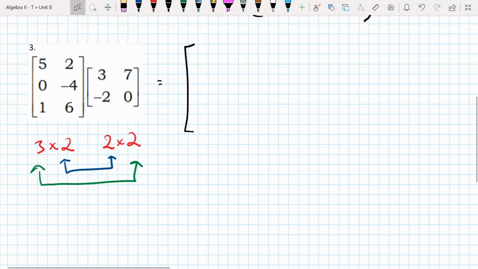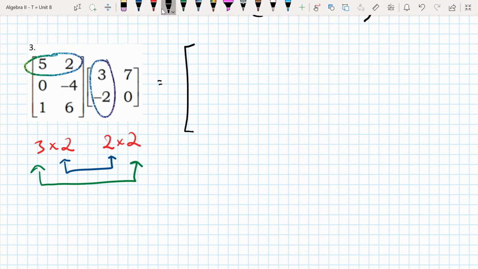Let's start with the first row in the first column. So we're going to multiply this row by this column. So we get 5 times 3 plus 2 times negative 2.